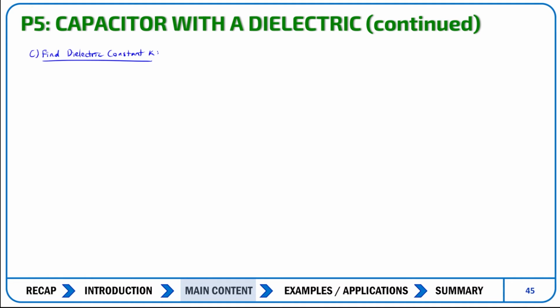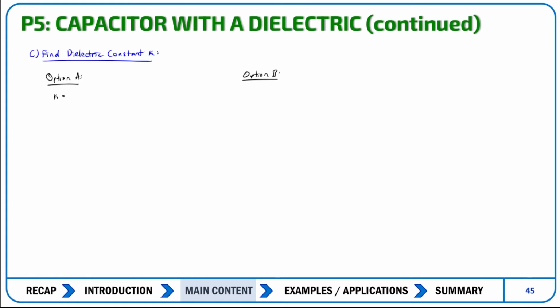Now here, there are 2 different ways of calculating it. The dielectric constant is how many factors the voltage or capacitance has changed by. So option A versus option B, 2 different ways of solving it.